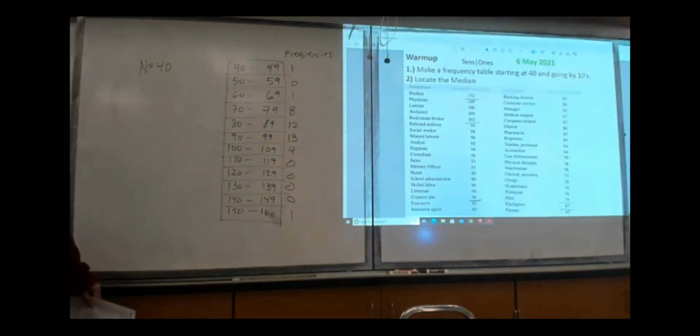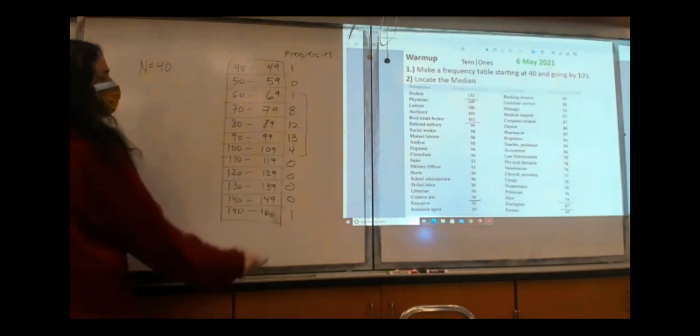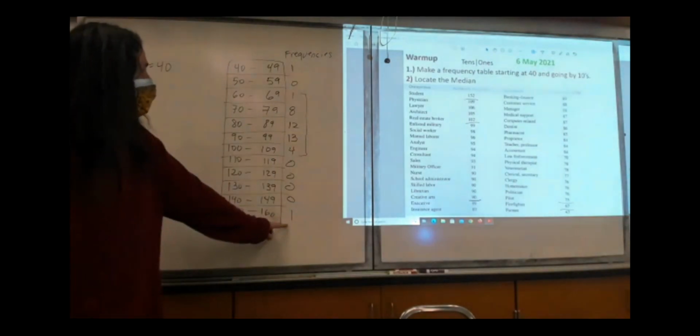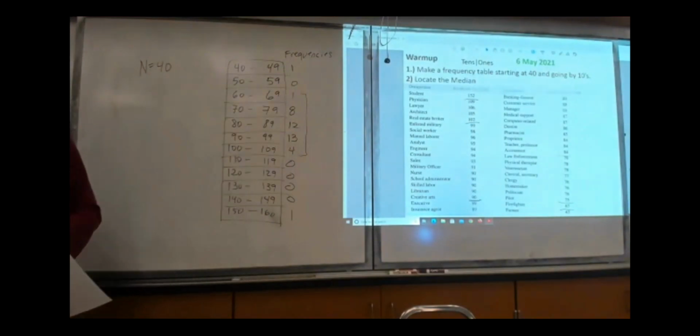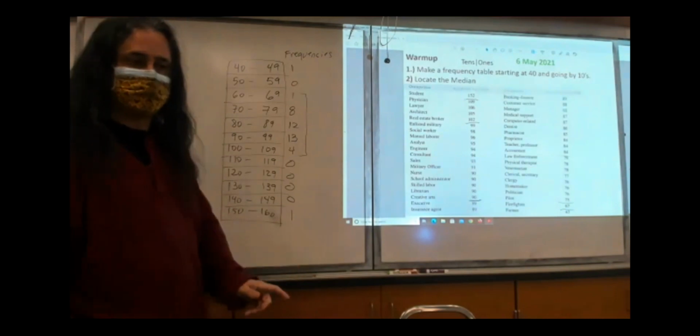Okay, so notice this data. Most of the data is between 60 and 110. There's 2 elements of data that are much further away than everyone else. So we call those outliers.